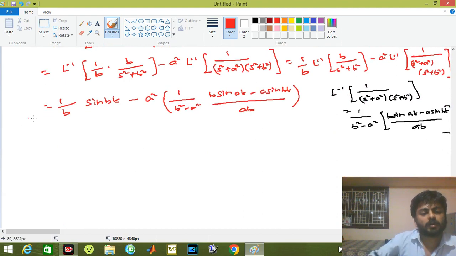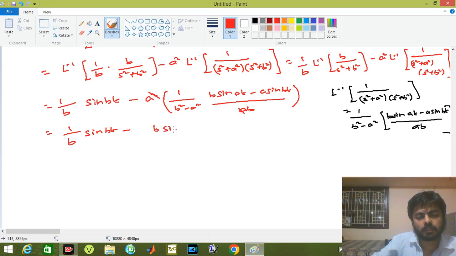Now you can write it as 1 by b sin bt minus this, and this a square and a will get cancelled, so you will get b sin at minus a sin bt whole divided by b into b square minus a square.